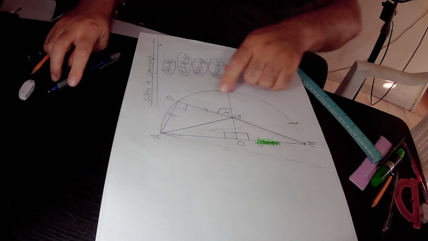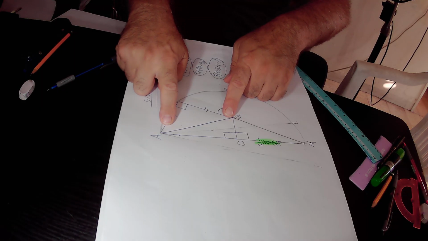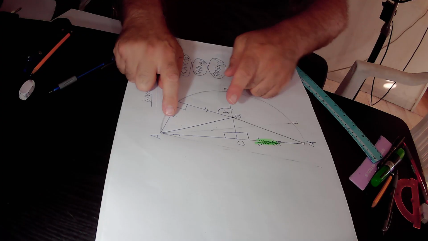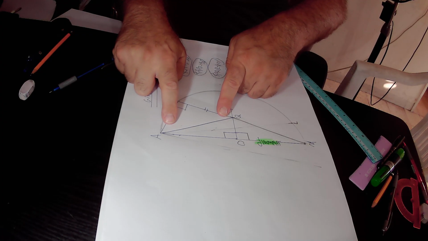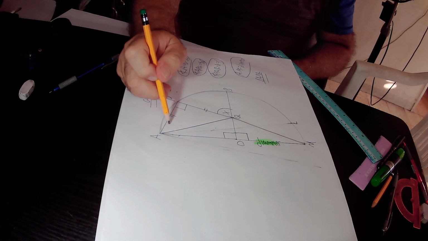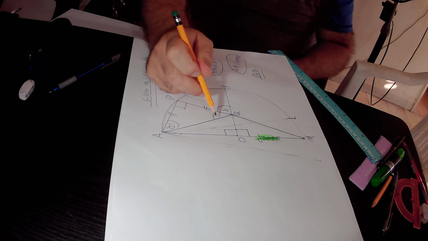So opposite those two equal sides, we have two angles that must also be equal to each other in size. If we define the size of this angle as alpha, then the size of this angle must also be alpha.